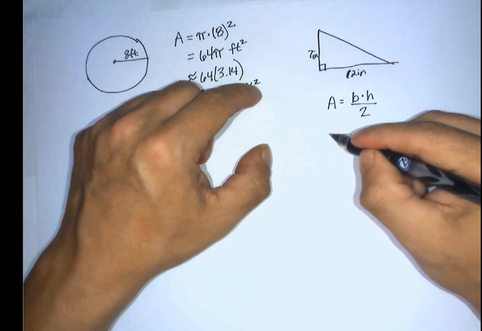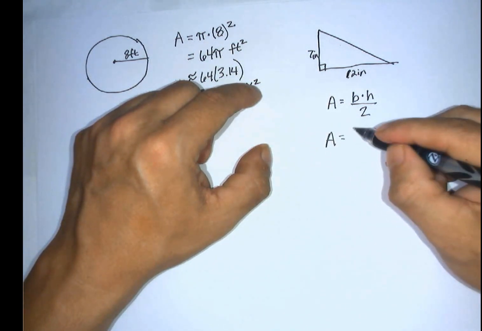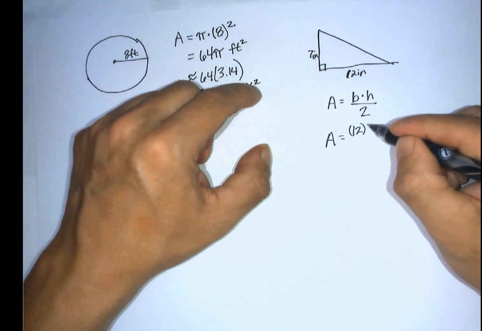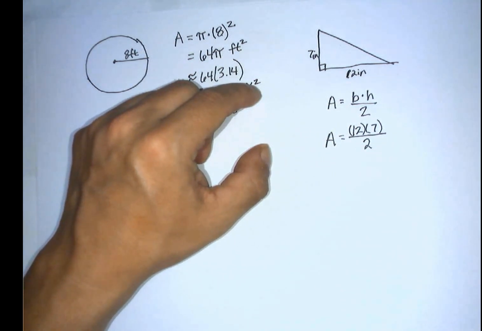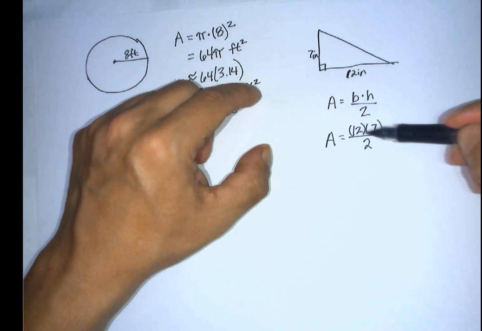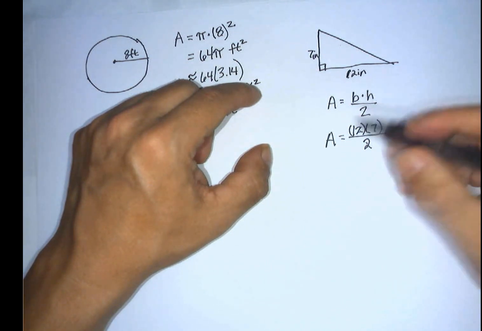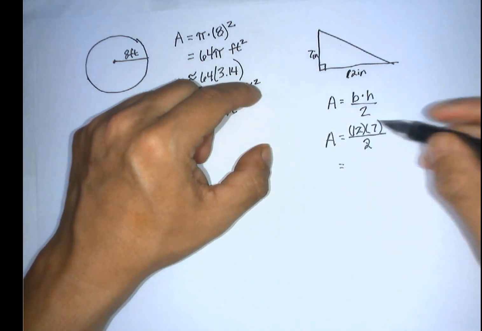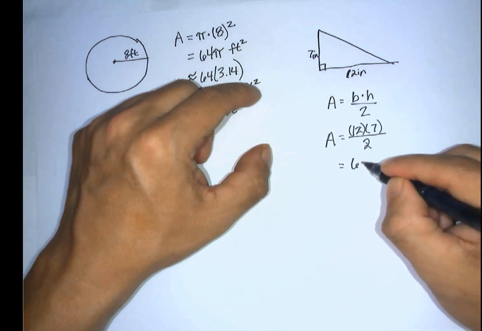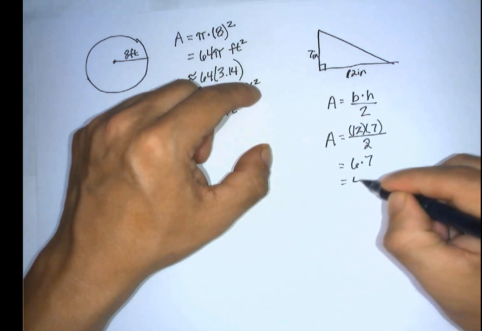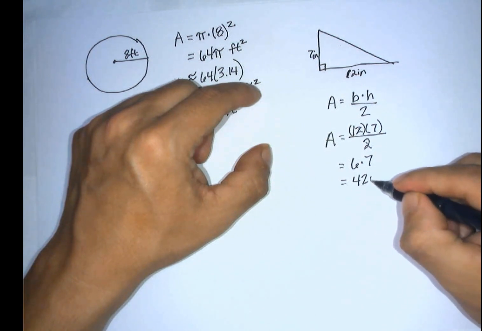Okay, so let's fill in the blank. The base is 12 and the height is 7, and we divide that by 2. And we can go ahead and divide first to simplify this out just a little bit. 12 divided by 2 is 6, so this area is going to be 6 times 7, which is 42 square inches.